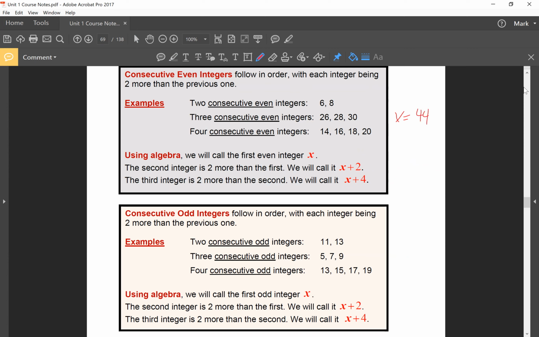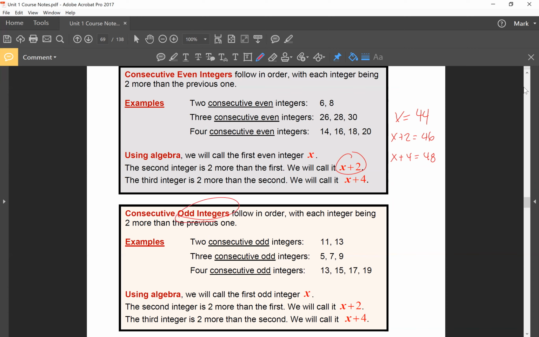Okay, what's the next even integer? Well, I can't add x plus 1, but I can add x plus 2. That would be 46. x plus 4 would be 48. So writing consecutive even integers, I have to add 2.